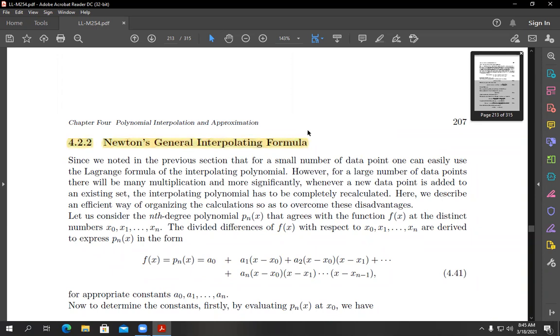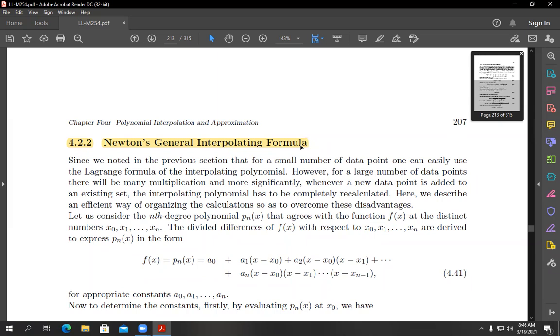The Lagrange and Newton formulas are exactly the same. If you solve any problem with the help of Lagrange and Newton, you get exactly the same answer up to every digit, no change, because they are exactly the same. Only the way of writing is different.